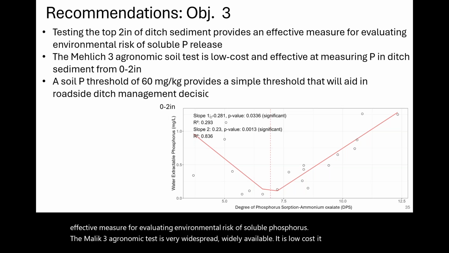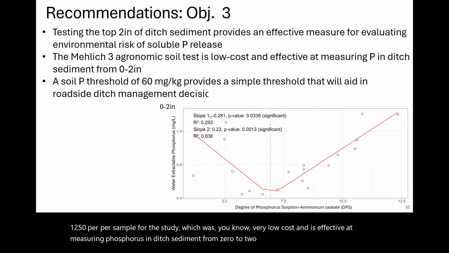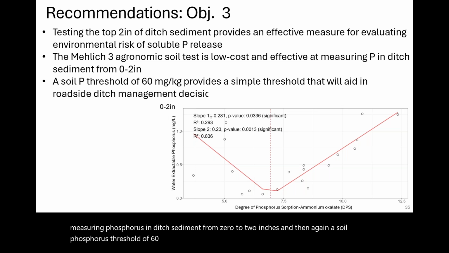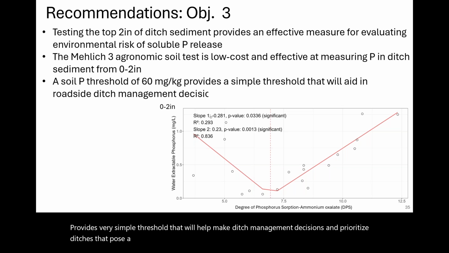It actually costs us $12.50 per sample for the study, which was very low cost, and is effective at measuring phosphorus in ditch sediment from 0 to 2 inches. And then again, a soil phosphorus threshold of 60 milligrams per kilogram provides a very simple threshold that will help make ditch management decisions and prioritize ditches that pose a risk of downstream soluble phosphorus release.